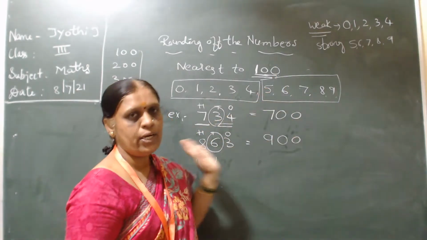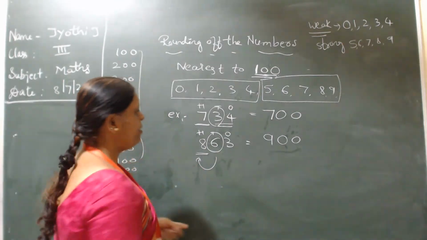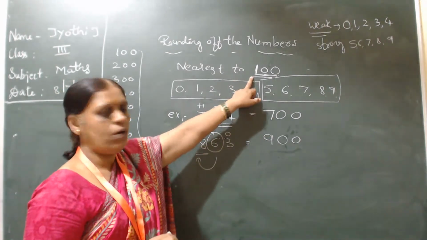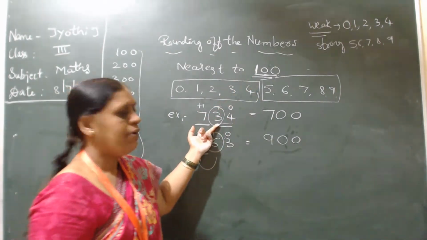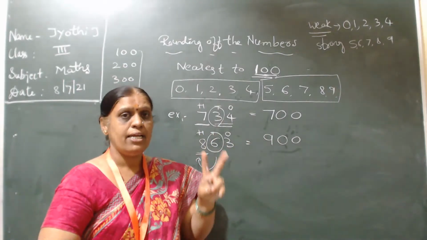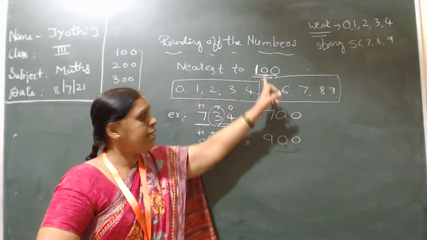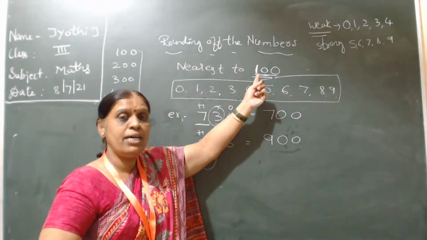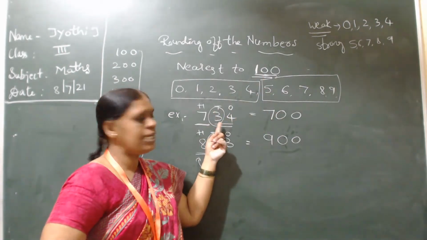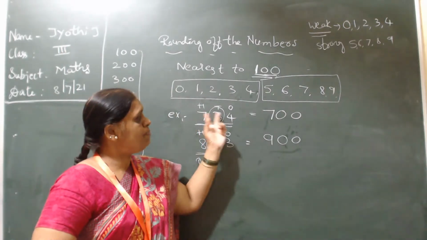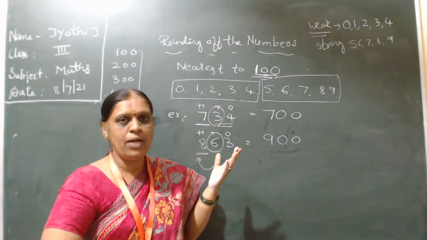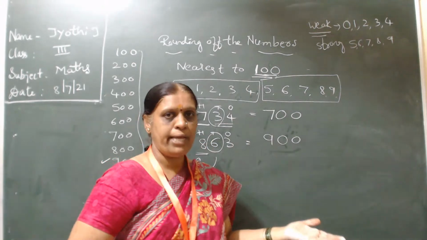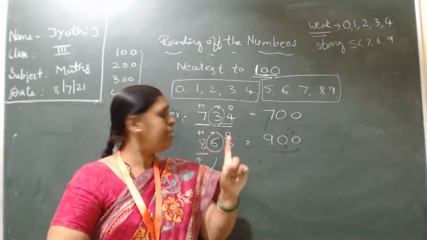So this also we can do by the number line. Understand, when we are rounding off nearest to 100, we have to see the number in tens place. When we are rounding to the tens, we saw the number in ones place. For thousands, we have to see the number nearest to 1000; that time you have to see the number in the 100 place.